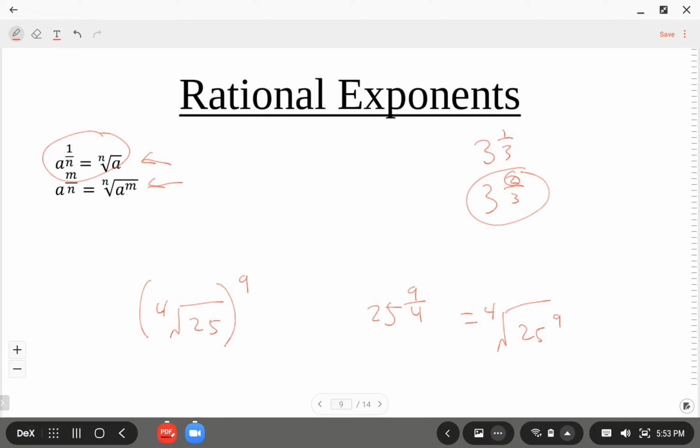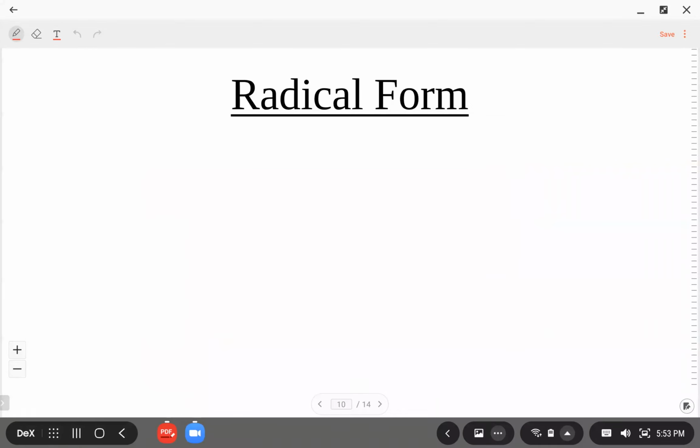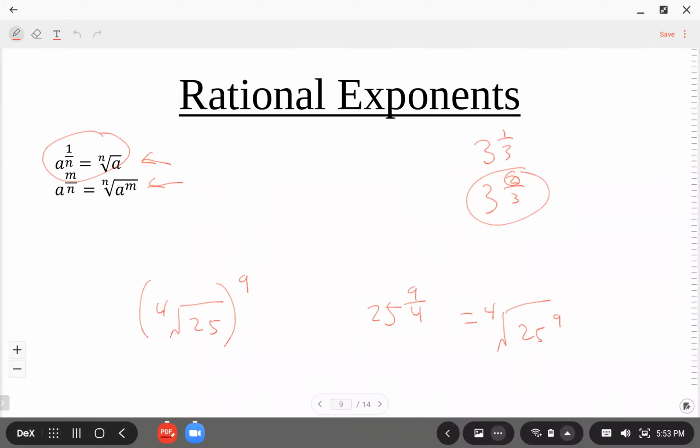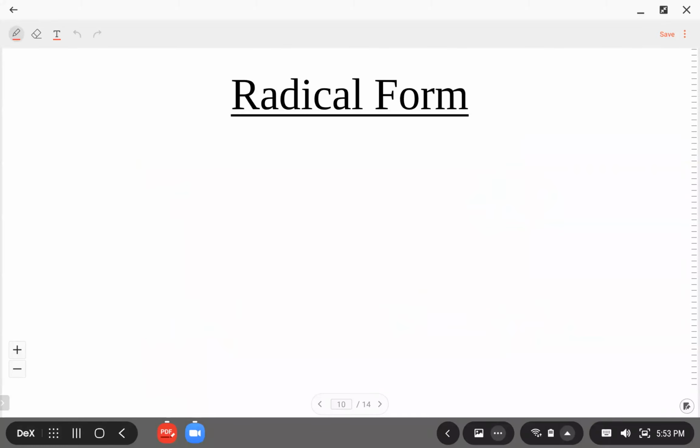So moving on, radical form. Let me go over radical form first. Basically, we learned about exponential form. Exponential form is going to be b to the nth power.